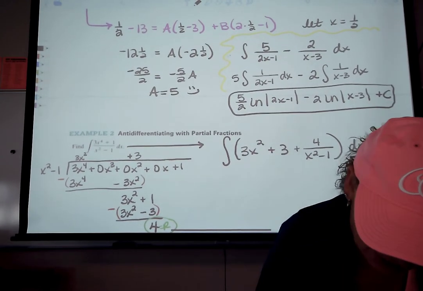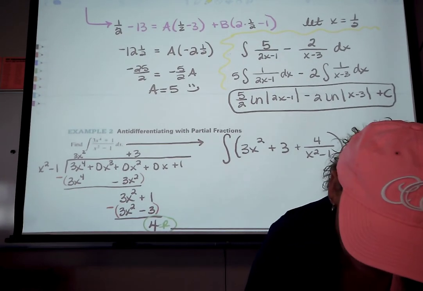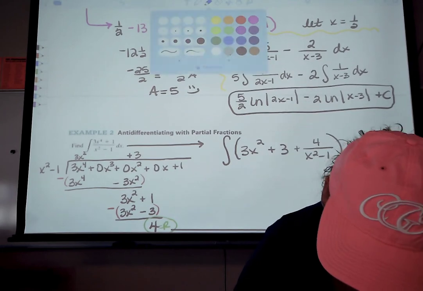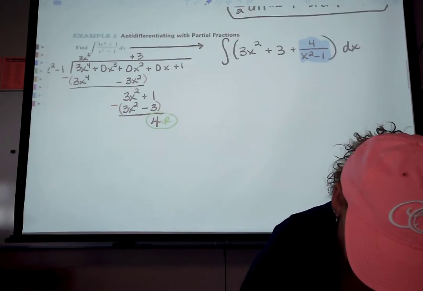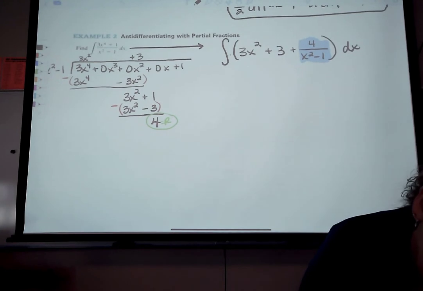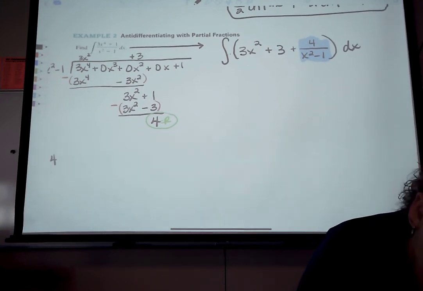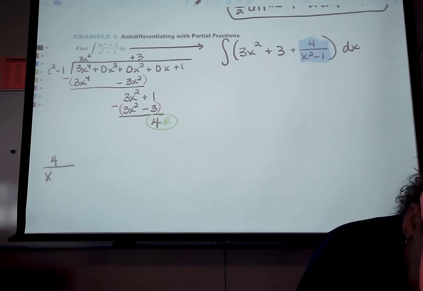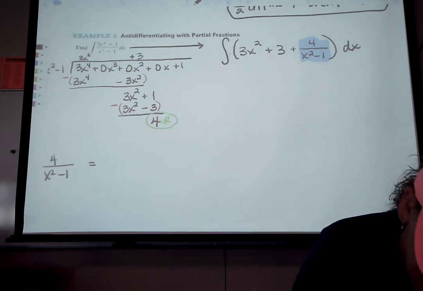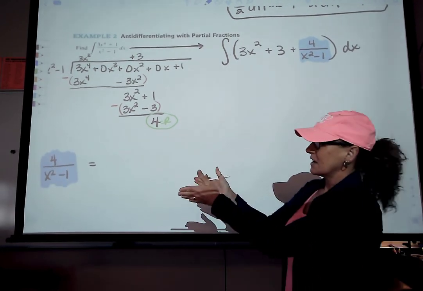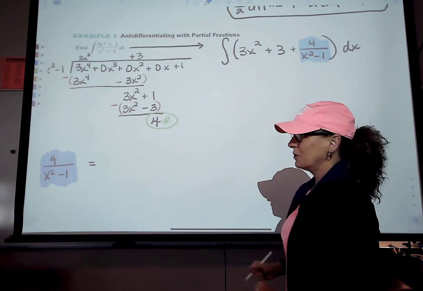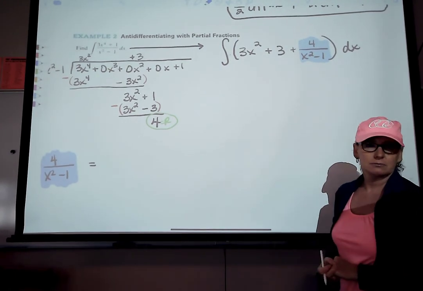So I'm going to just highlight this and come over here and say, let's work on it. So 4 over x squared minus 1, right? So over on this side, I'm going to work on breaking down that rational expression.